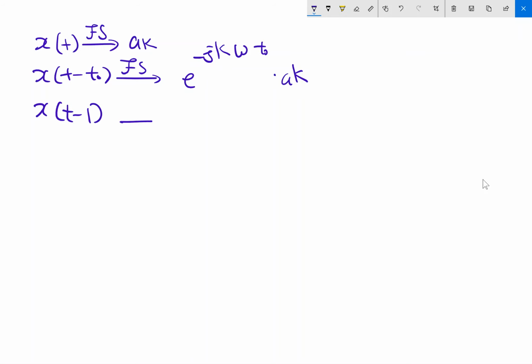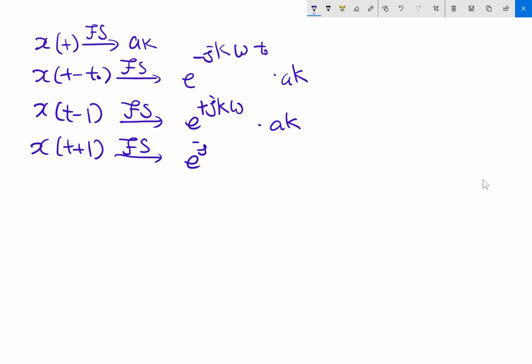For x(t minus 1), the Fourier series is e to the power of minus j k omega t0 times ak, where t0 is 1. For x(t plus 1), the Fourier series is e to the power of minus j k omega t0 times ak, where t0 is minus 1, so here it is plus.